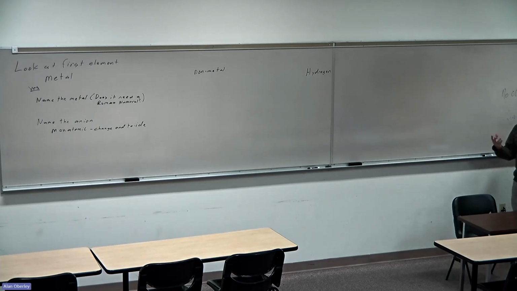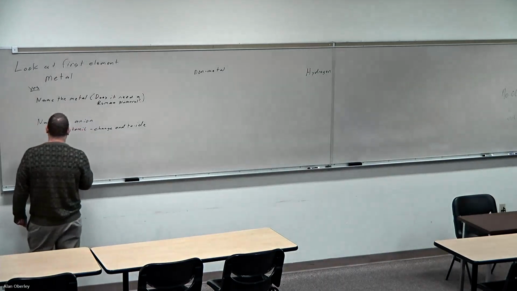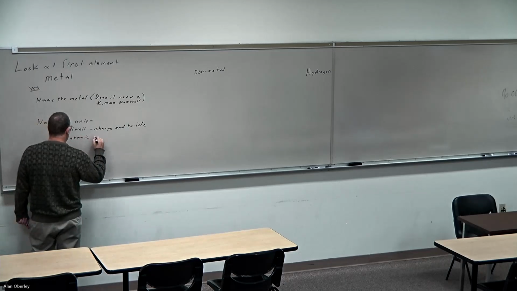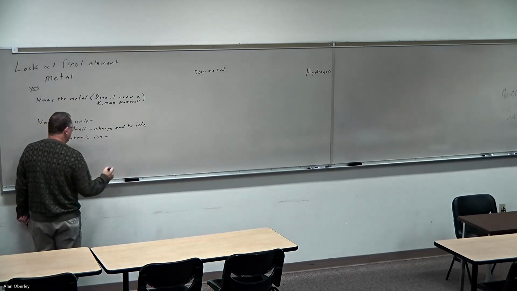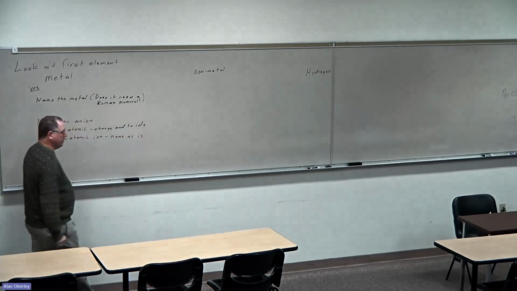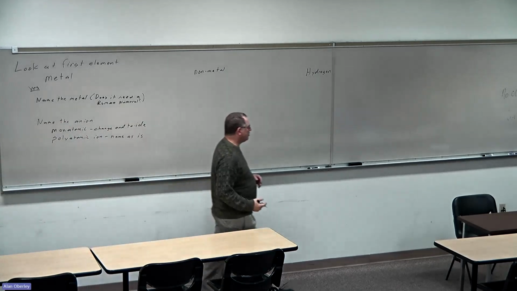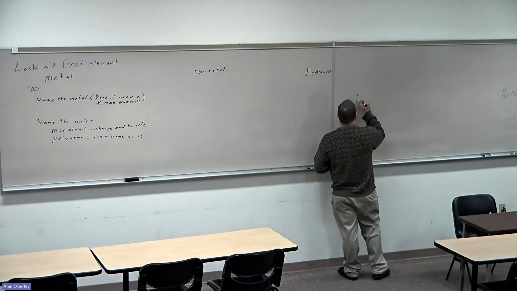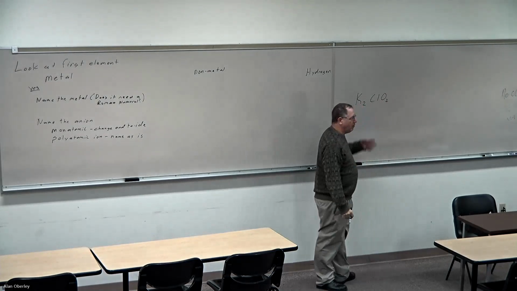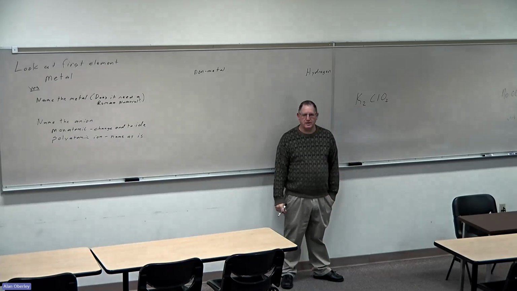But if there's more than one element there, then we have a polyatomic ion, and you're going to name it as is. Now, that might be a little tricky sometimes. For example, if you have K2ClO2, we know K is a metal because it's on the left side of the periodic table.